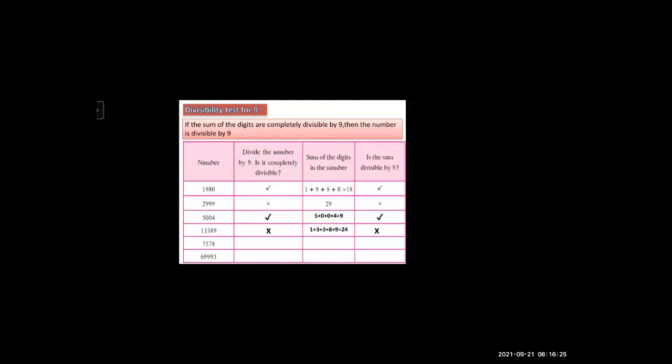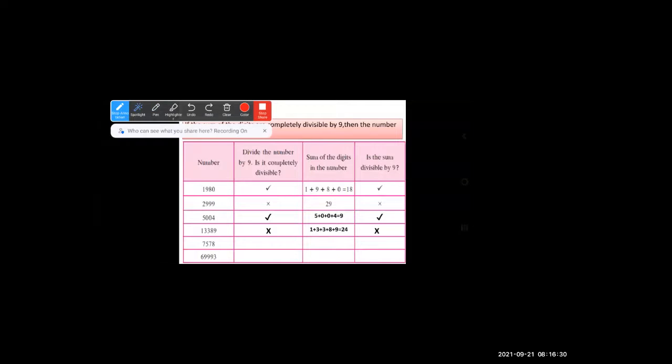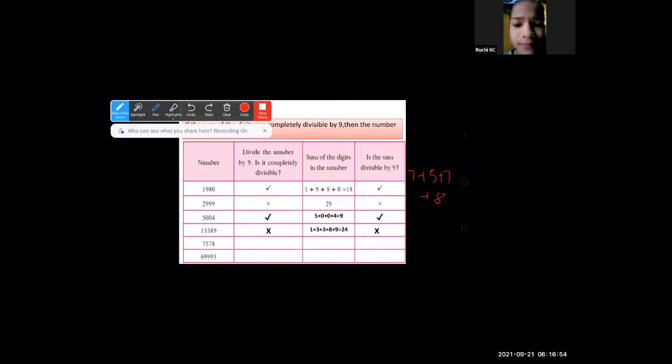Okay, we'll move to the next question. See the next question over here: 7,578. Now add all the digits of this number. 7 plus 5 plus 7 plus 8. Just add the numbers. 27. Very good, beta.